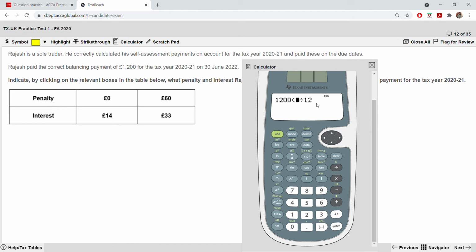So 5 over 12, again multiplied by what rate? 2.75%, so 0.0275, which will be equal to 13.75. So 13.75 means 14, right? This is the interest we are calculating.